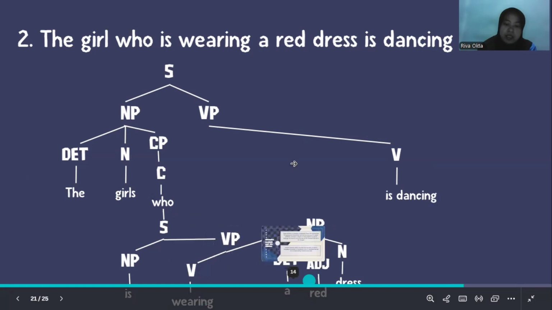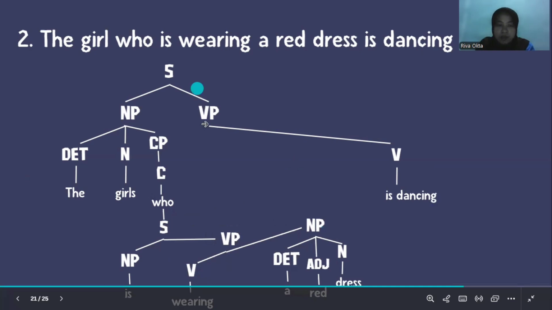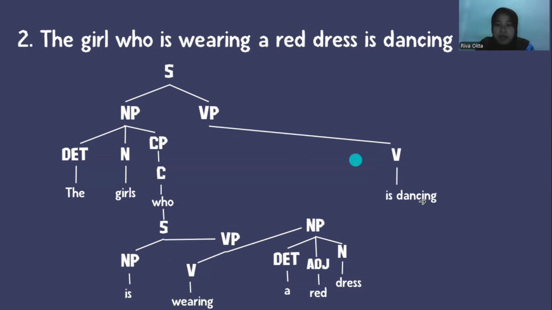"The" from the sentence is the determiner. "Red" from the sentence is the adjective. "Dress" from the sentence is the noun. For the verb phrase there is a verb: "dancing" from the sentence is the verb.